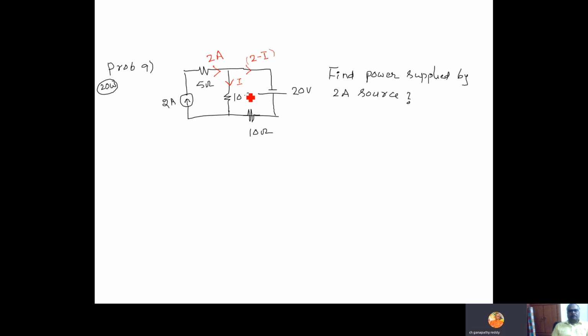Here it is not possible because of the current source, but you can write here: minus 10I minus 20 plus 10 into (2 minus I) equals 0. Solve for I.